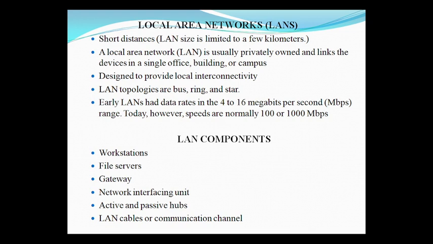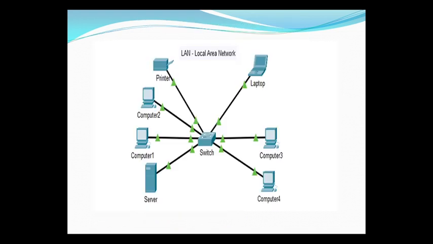A LAN is usually privately owned and links the devices in a single office, building or campus of up to a few kilometers, as you can see in this particular diagram. In this, there is a switch which is connected to computer, laptop or a printer in a particular office or a building.